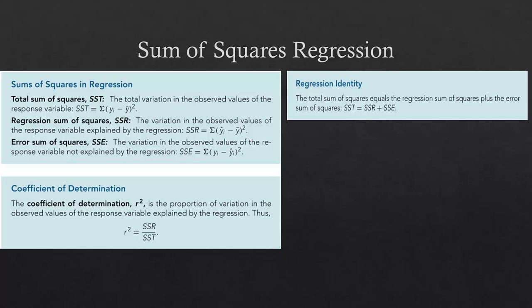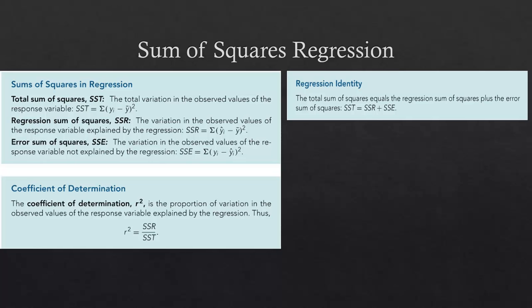Regression identity. This is just an identity to help relate all three of these. So if I give you two of the three, you can solve for the other. So why would this be important to us? Well, if we're given the total sum and we're given the error, you can find your SSR, and you could use the SST that you're given and the SSR you found to find the coefficient of determination.